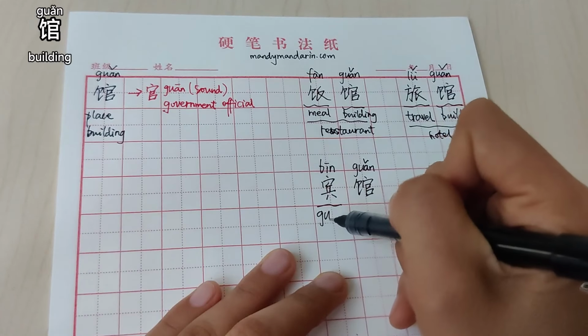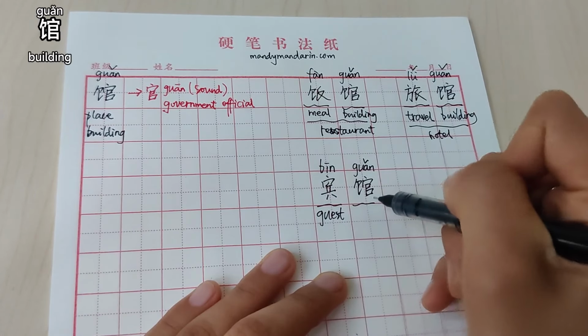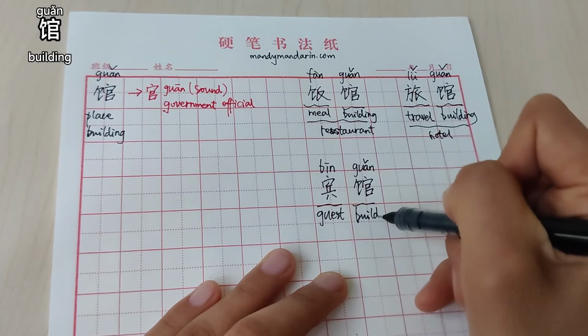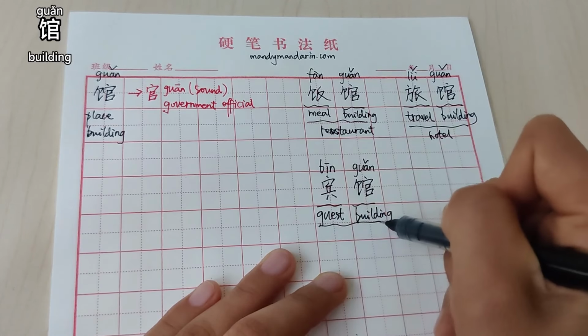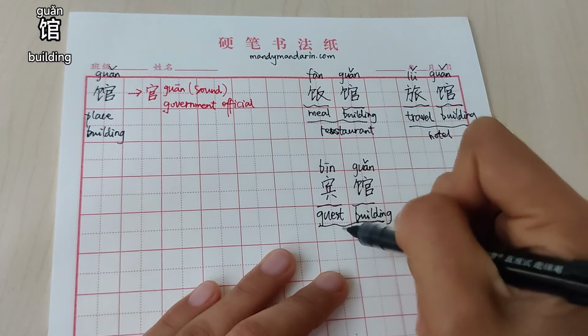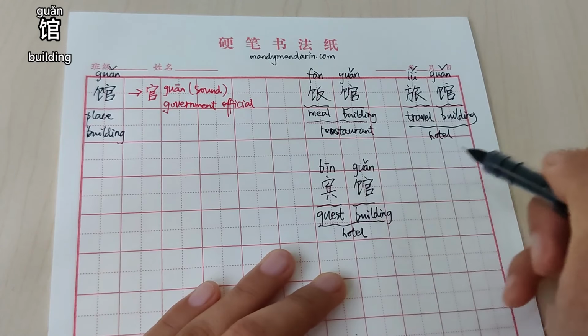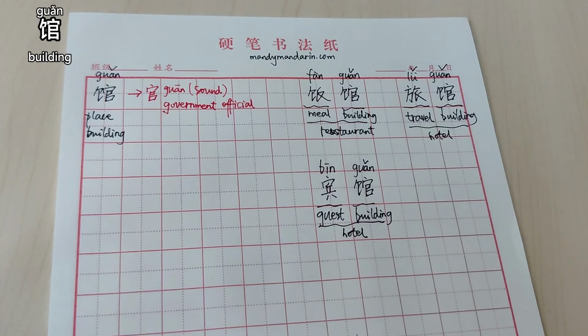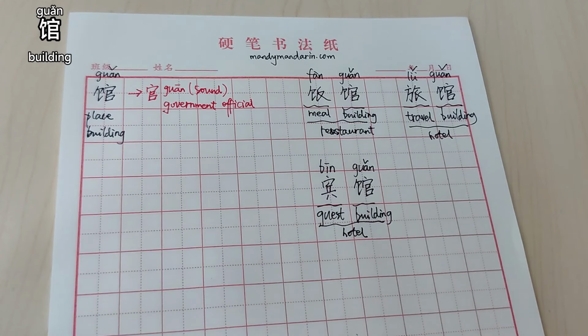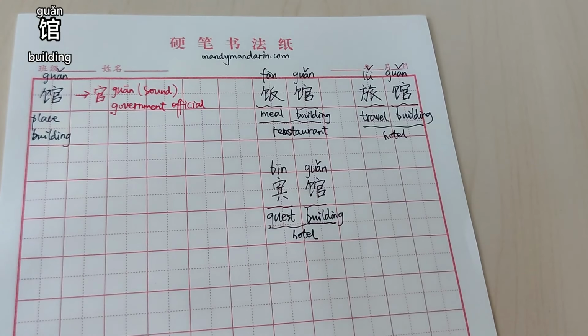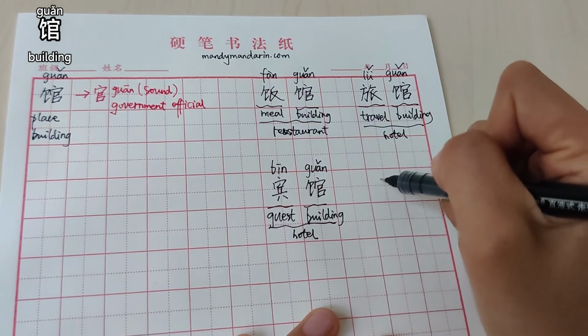And more than that, we can also have 宾馆. 宾 is the guest. 馆 is the building. So 宾馆 could also mean hotel. But wait a second. I know another word for hotel, and it doesn't have 馆 in it. The word for hotel is 酒店.